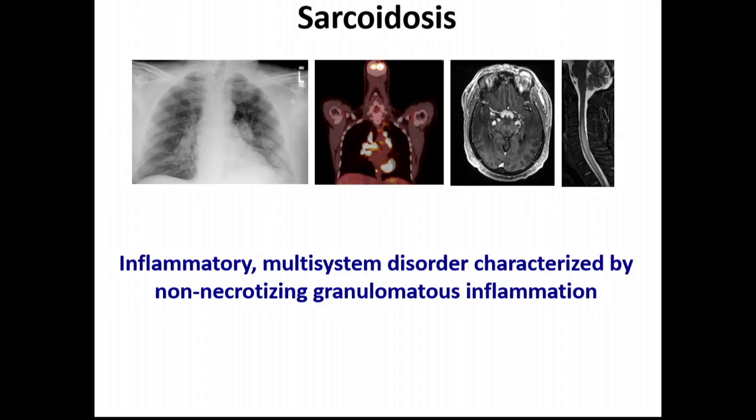And then similarly, unlike other systemic inflammatory diseases, which often fall under the umbrella of rheumatology, this disease really primarily gets managed in practice by pulmonology. And that's because sarcoidosis affects the lungs in 80 to 90% of people. And it's really been a pulmonary disease for over a century that way.